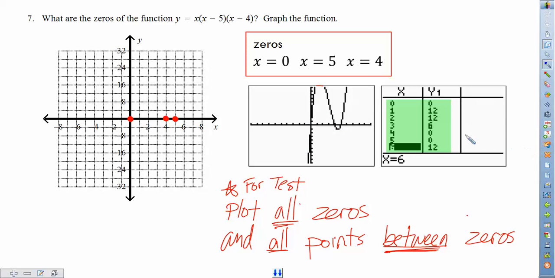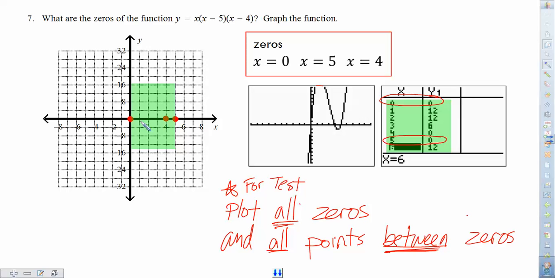See this table of values right there? You have a lowest 0. You need to plot all these points that are in between. See how these go from 0 to 12 in this little window right here? Or better yet, from 0 to 5. That means in this tight little window right here, I need to see some ordered pairs plotted.